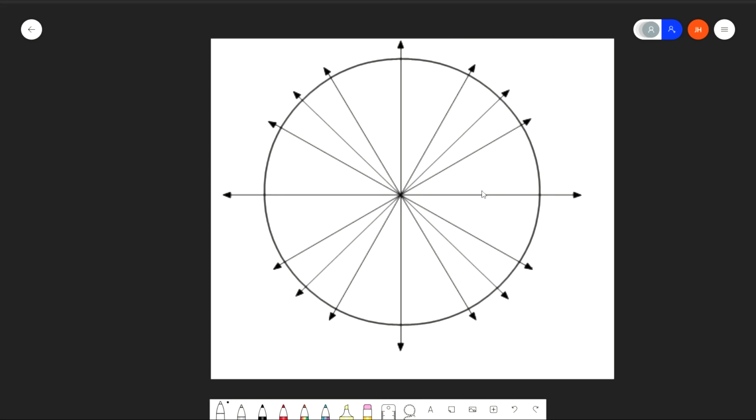Similarly, it will also be 0 radians. And we also know that the full circle was 2 pi radians, right? So this position here on the unit circle, the starting and ending position, is both 0 and 2 pi radians. Half of it would therefore be pi.